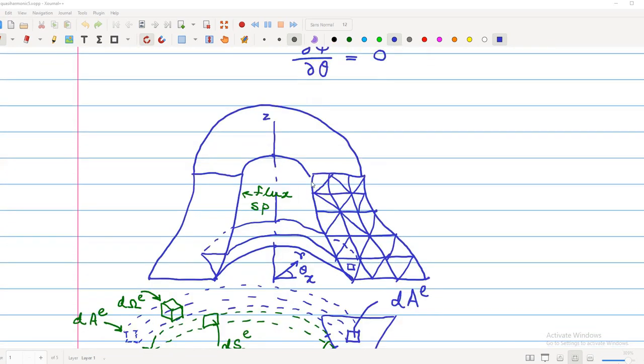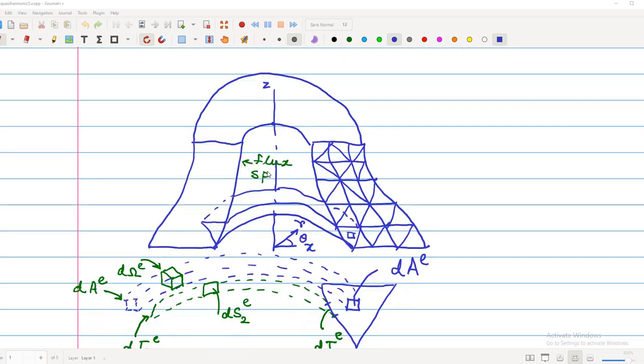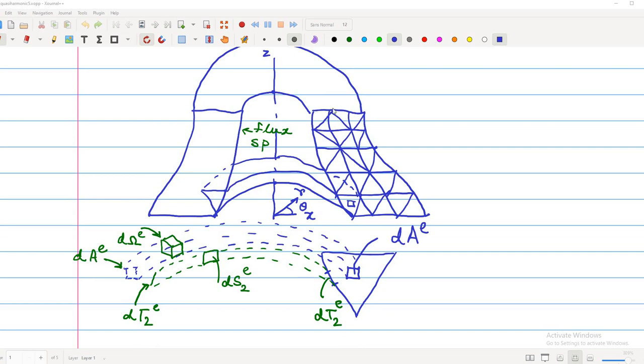So here you see one axisymmetric solid. We have only shown half of it. Actually it is a full 360-degree axisymmetric solid, or solid of revolution. Here we are showing this cross section, and we have discretized this cross section using three-noded triangular elements.